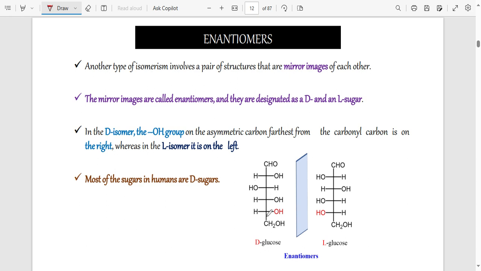The carbon containing the functional group is the one on top. Carbon number 2, 3, 4, 5 are all bonded to four different things. So the furthest is this one. If the OH is on the right, that is D. If it is on the left, then that is L. Those are what we call the enantiomers.